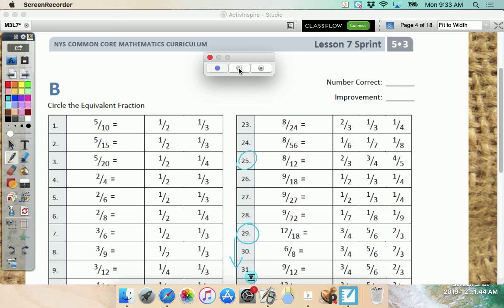Okay, number 23. 1/3, 1/7, 2/3, 1/2, 1/3, 1/8, 2/3, 3/4, 3/4, 3/4, 4/5, 4/5, 4/5, 5/6, 5/6, 2/3, 3/4, 4/5, 5/6, 2/3, 4/5, 5/6.